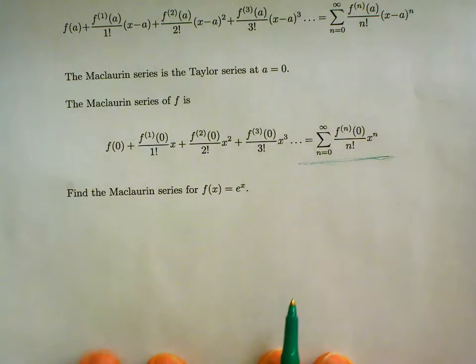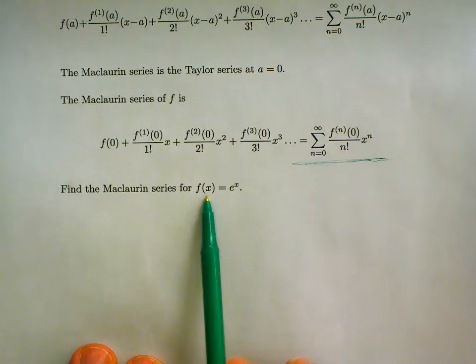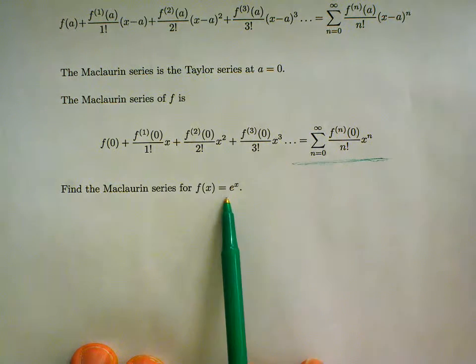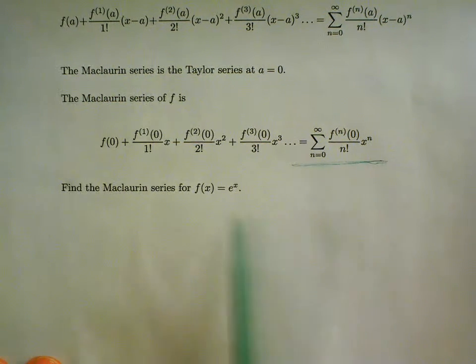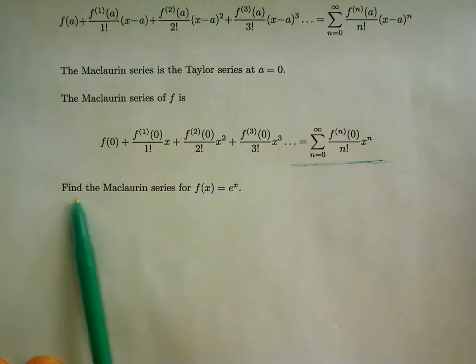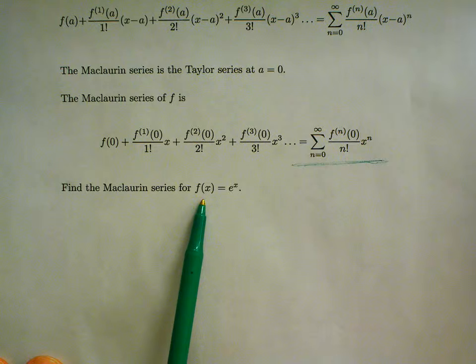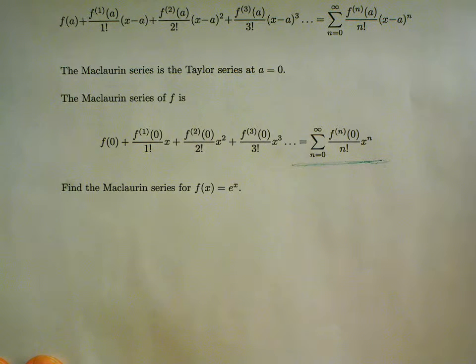Okay, a function that we work with and see quite often is f of x equals e to the x, sometimes just referred to as the exponential function. So let's find the Maclaurin series for f of x equals e to the x.